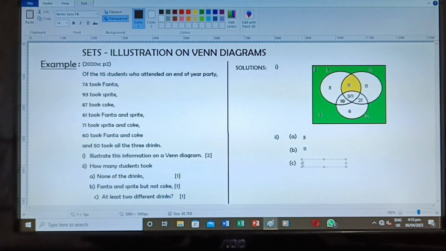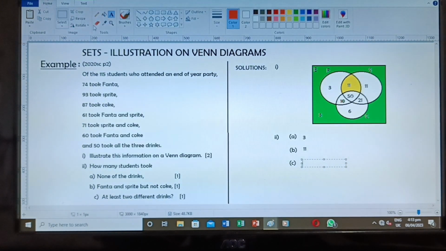And on part C we are told those who took at least 2 different drinks. The region for at least 2 different drinks is this one. I'll show you. Here. So the 3 regions are talking about those who took 2 drinks.